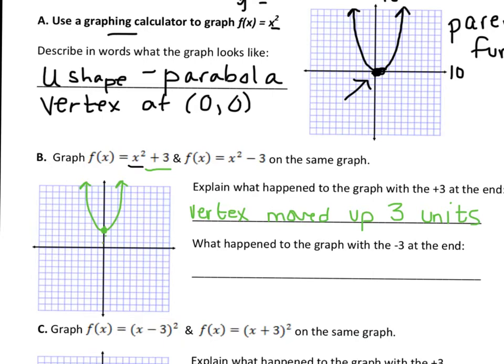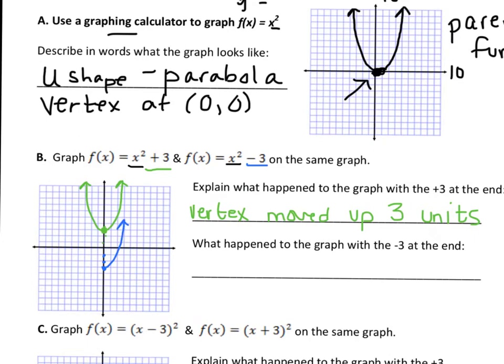All right, now for the next example, we have x squared, so we know it's going to be the parabola shape, but this time we subtracted 3. So if you type it in, or if you just copy down what I'm doing, you'll see the same shape.